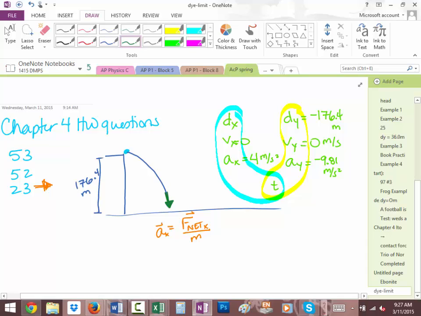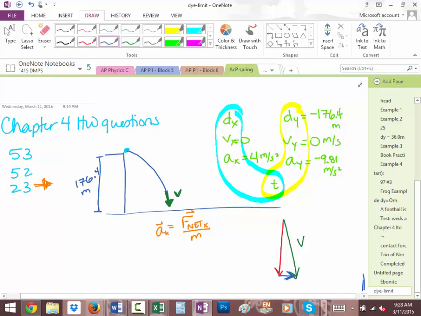They want to know what that velocity is. They say speed because they don't care about the direction, which is nice. I'm going to make that velocity vector really big so I can see it better. I need to figure out how fast it's going in the y direction and in the x direction. Are you with me there? And then use the wonderful Pythagorean theorem.